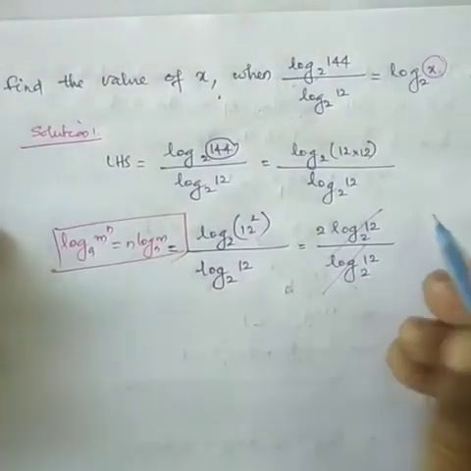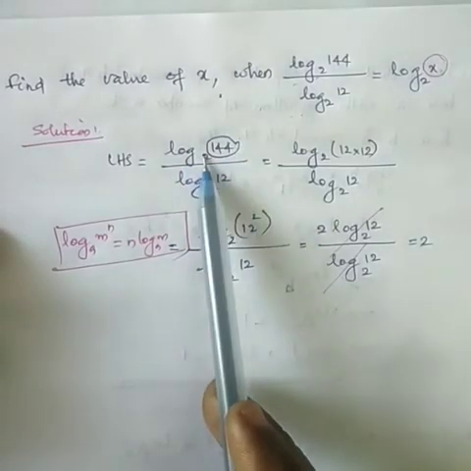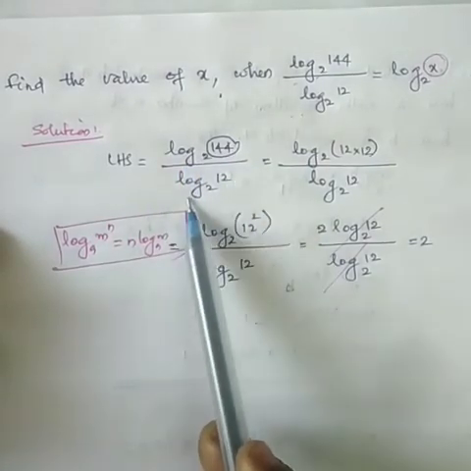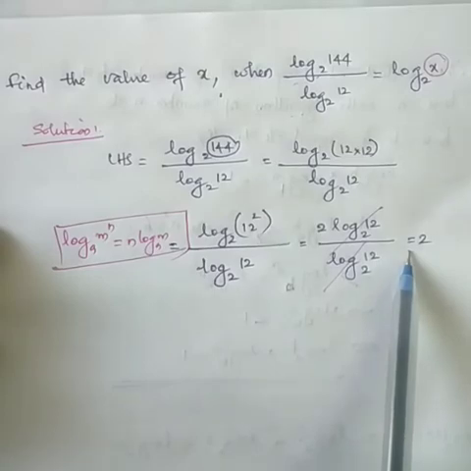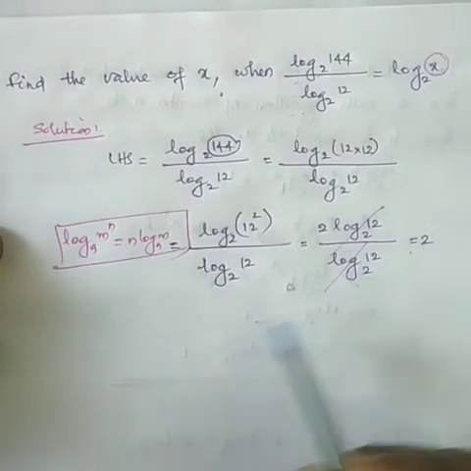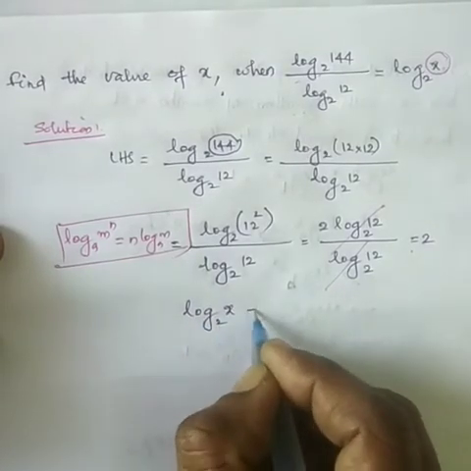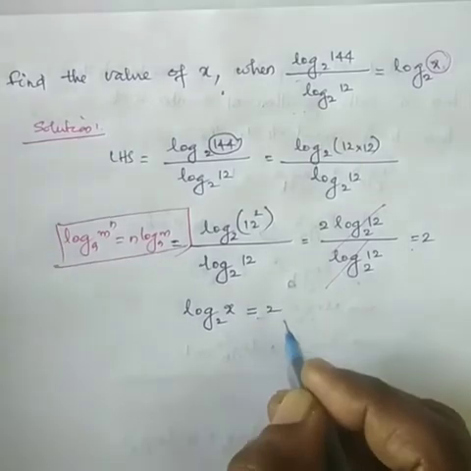So we get log 144 to the base 2 divided by log 12 to the base 2 equal to 2, or log x to the base 2 equal to 2.